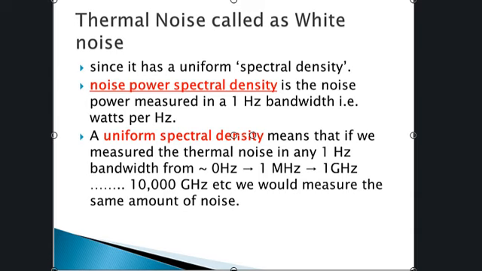A uniform spectral density means that if we measure the thermal noise in any 1 Hertz bandwidth from 0 Hertz to 10,000 gigahertz, we would measure the same amount of noise. Therefore, we see that thermal noise is also called white noise.